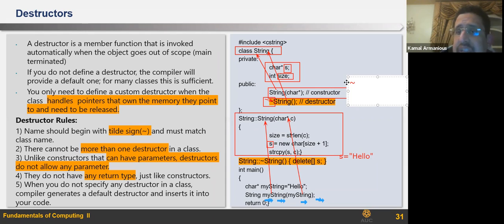If I make a dynamic allocation, for example a 1D array dynamically, the destructor will delete it, to free the memory that I have allocated.